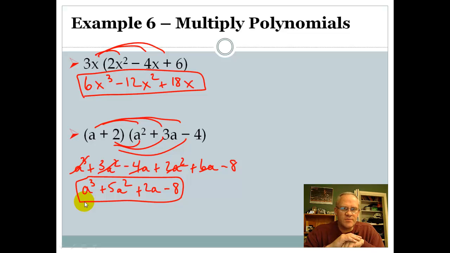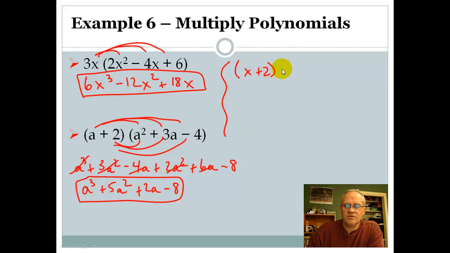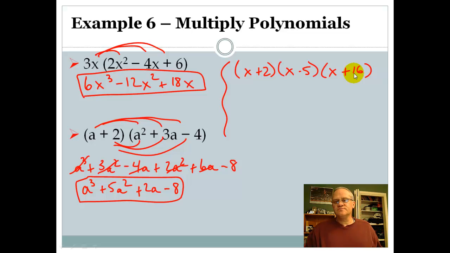One thing I will mention, though, what I would suggest: if you had, say, 3 binomials, even if one of them is a trinomial or something, don't get freaked out. Just take, like in this case, the 3 that I've given you here.